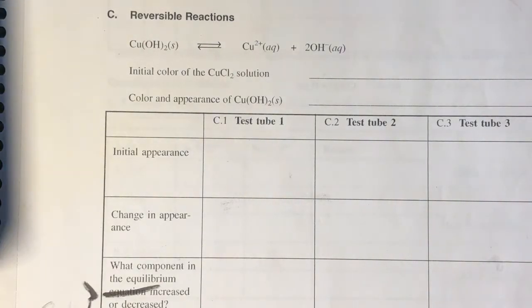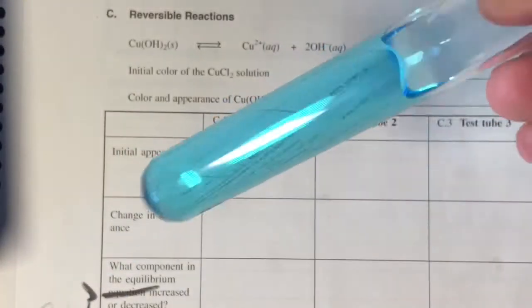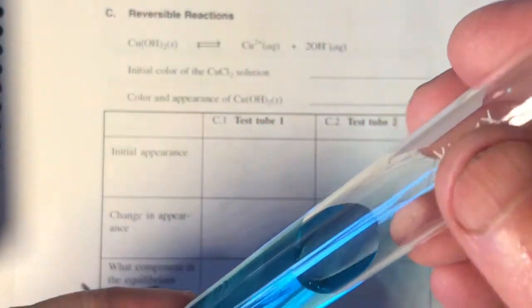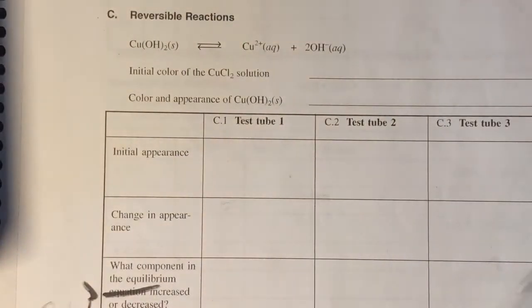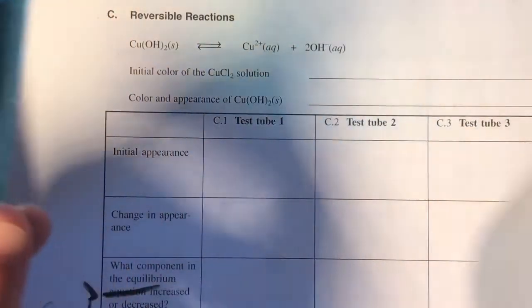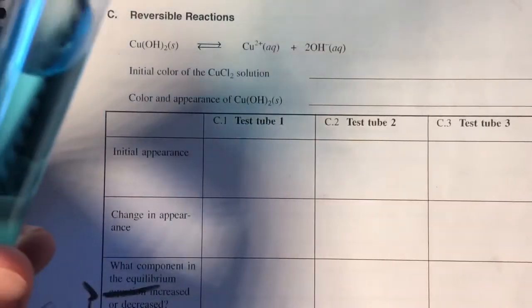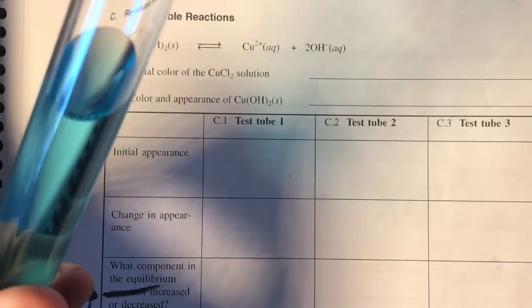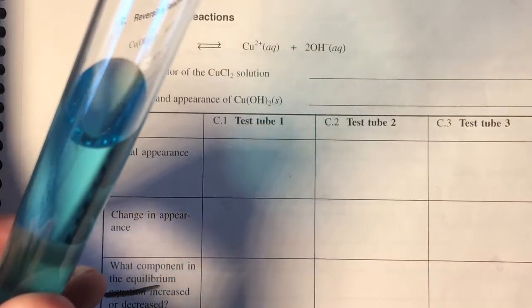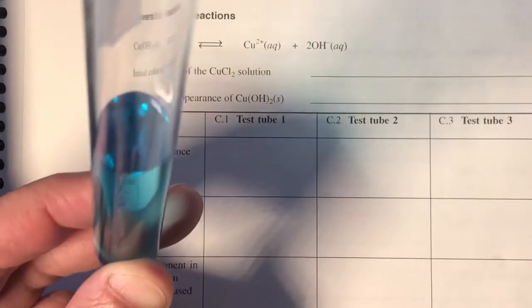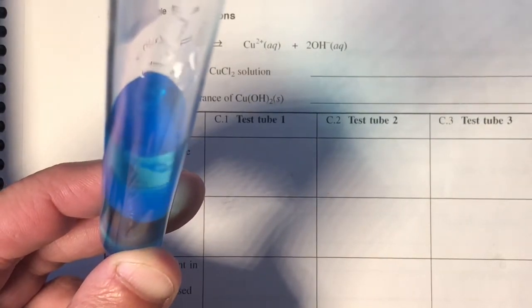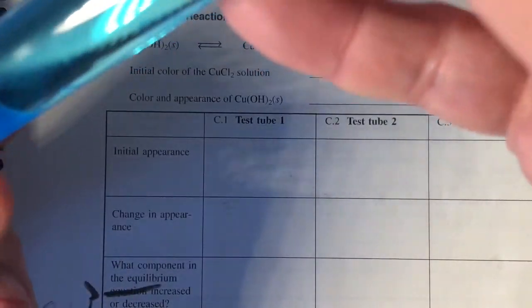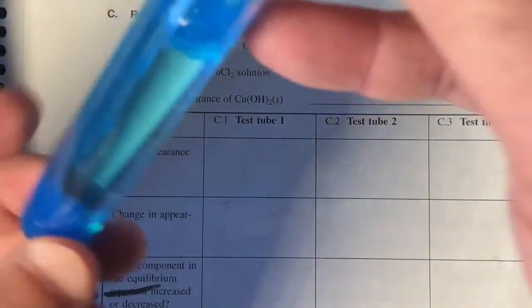So the first thing to do with this is that we need to make a copper hydroxide solution. So this right here is going to be the copper sulfate, and what we're going to do is add sodium hydroxide to it to form a little bit of the copper hydroxide precipitate. So if we notice, as I add hydroxide, I'm getting this solid mucky stuff forming.